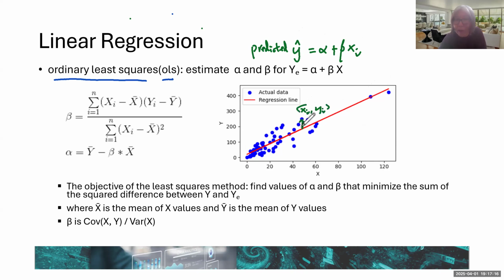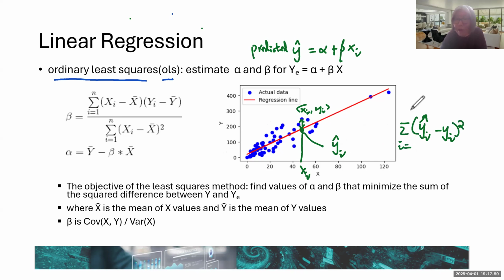And so we can find the difference. This is xi, and with this xi and this point on the red line, this is yi hat, the predicted value. So the difference between this y hat and yi, for all of those points, we square that.